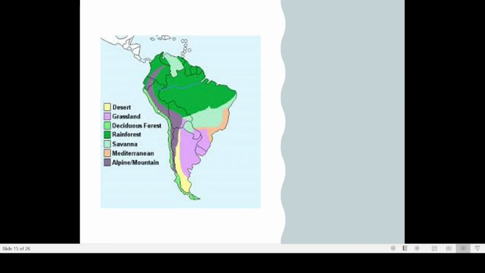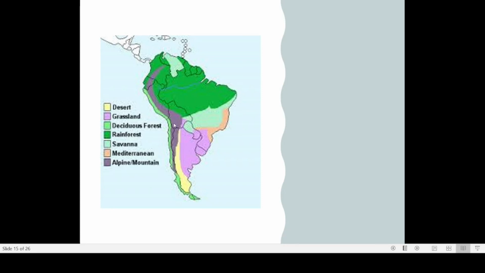This western portion of South America consists of deciduous forest. Then in certain regions, this region has a Mediterranean climate. Then here also we can find a lot of savanna region. Then Alpine mountain, because this region is actually formed of the Andes mountain.